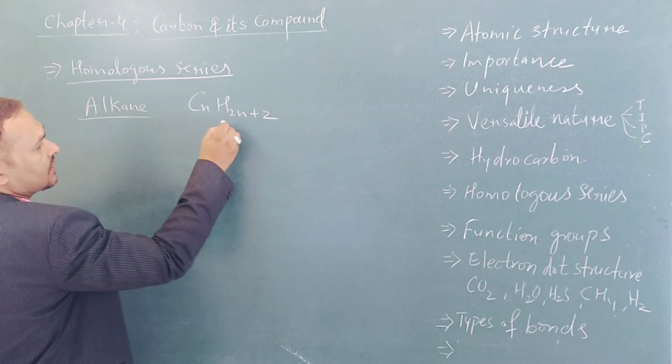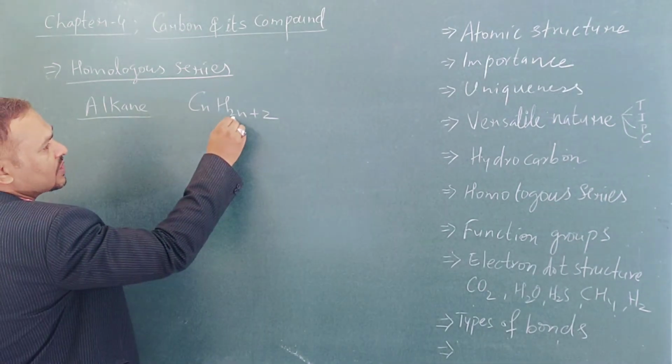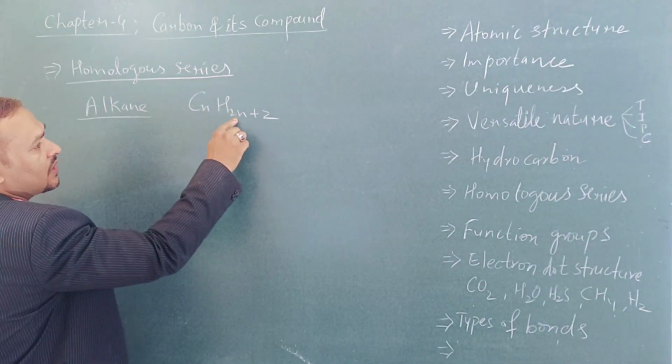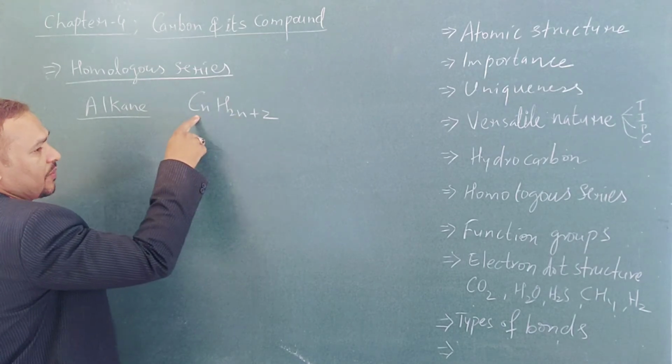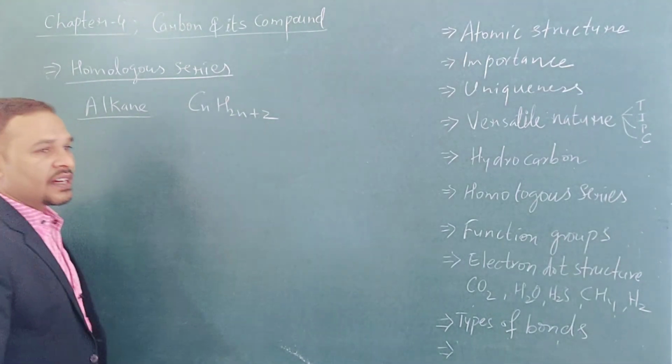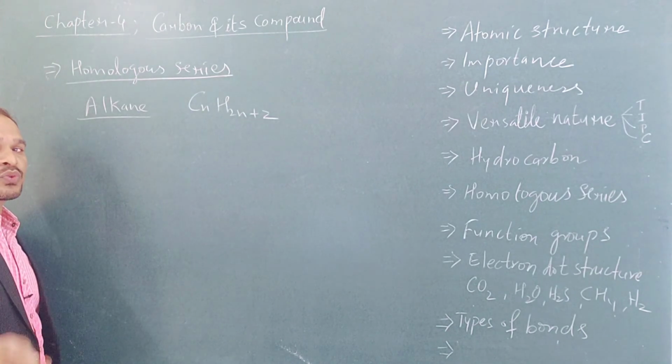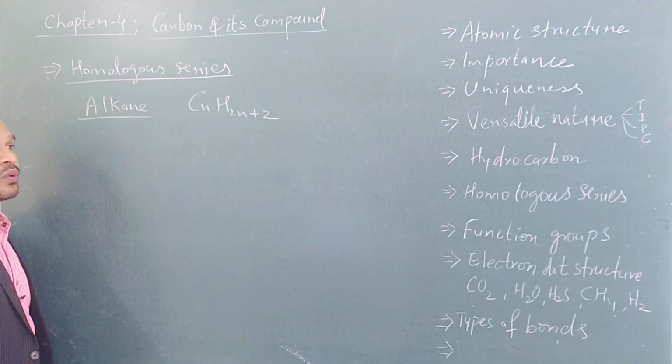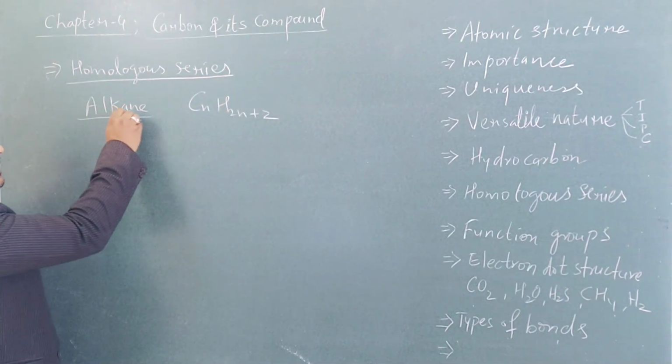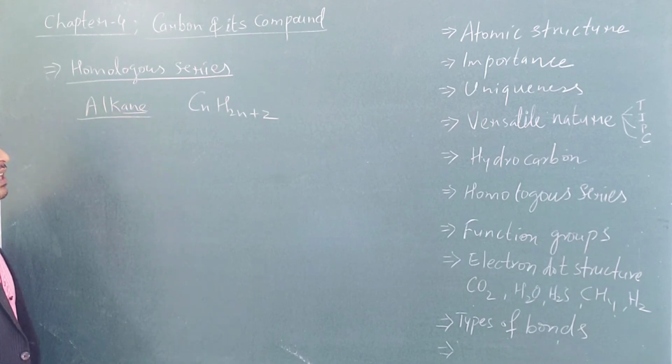Here you can see if hydrogen is double plus 2 from carbon. कार्बन से अगर हाइड्रोजन का नंबर डबल प्लस 2 है, राइट, तो वो किस कैटेगरी में आएगा? एल्केन की कैटेगरी में आएगा. हाउ इट इज हैपन?